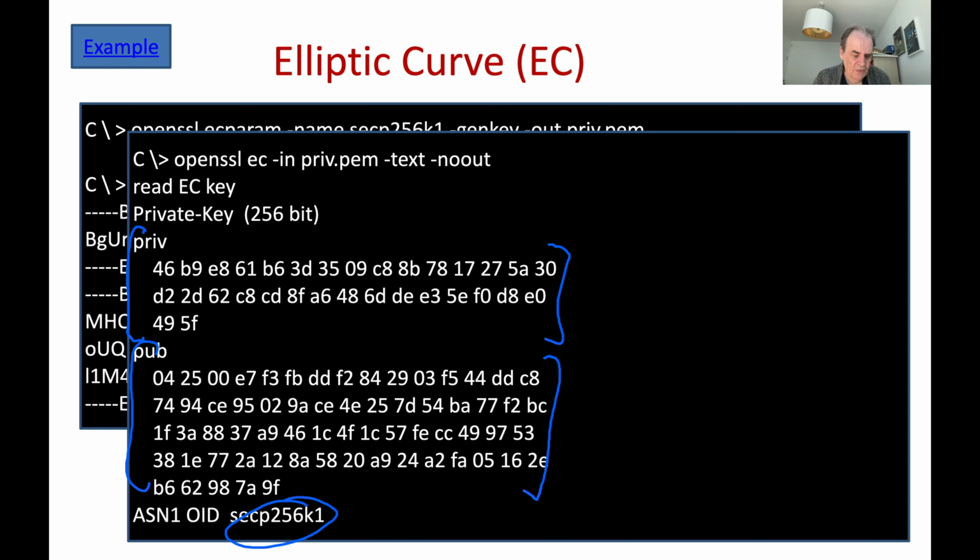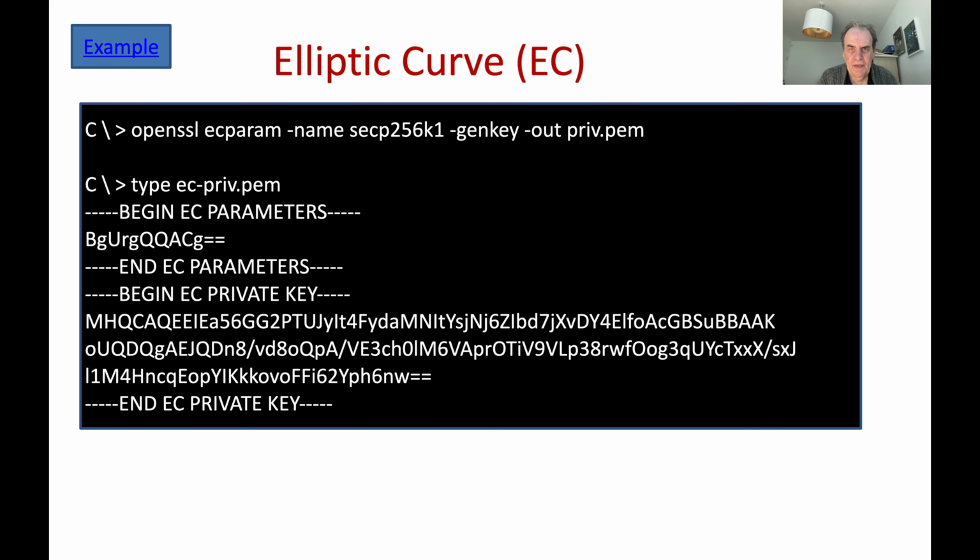In this case, we're using the curve secp256k1. If the parameters are known for that curve, then it's possible for us to match that public key and private key. Okay, so here's one here.